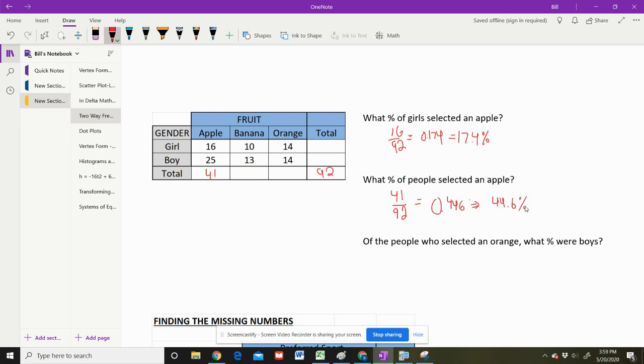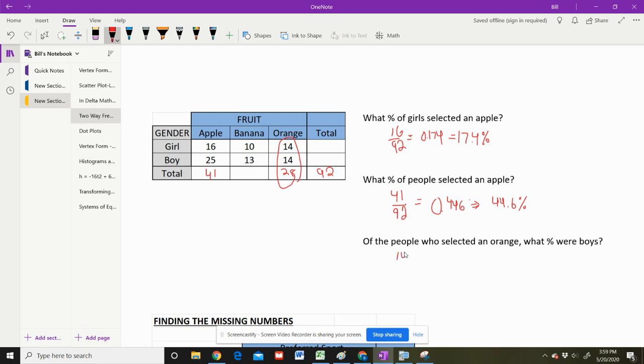And then the last type of question we could get is, of the people who selected an orange, what percent were boys? So out of the total number that selected an orange, of all these people that selected an orange, what percent were boys? Now this is where I'm not going to use my total amount from the table, but I'm going to use just the oranges, right? So of the 28 people who selected an orange, what percent were boys? 14 out of the 28 were boys.